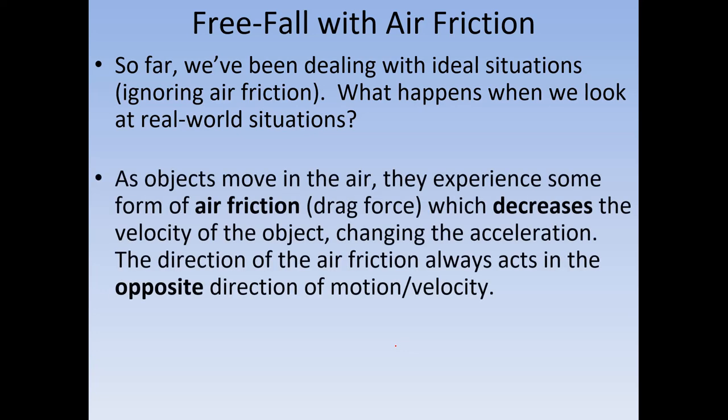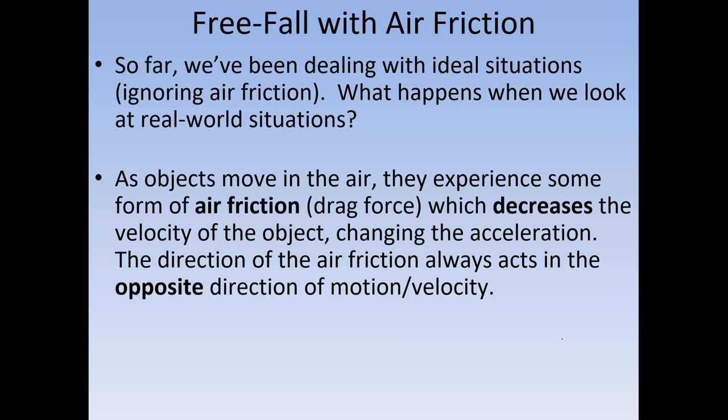Well, as you may know, air friction comes from the fact that when objects are moving through the air, the air particles basically interact with the material. They bump into the material and cause it to experience a drag force. This drag force causes the velocity of the object to start decreasing a bit, essentially adding in an additional acceleration in the other direction.